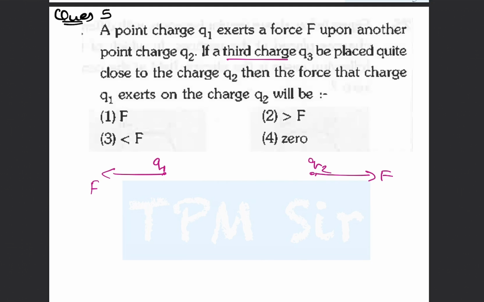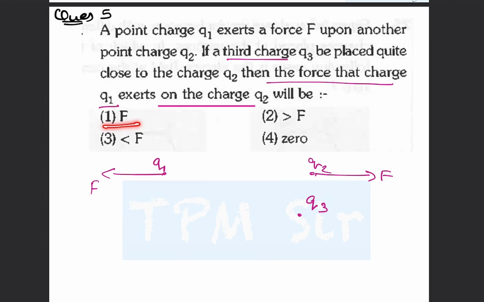Now, if a third charge Q3 is brought here, placed quite close to Q2, it doesn't matter, close to the point charge. Remember, point charge. Now what they are asking is: the force that charge Q1 exerts on charge Q2 will be what?